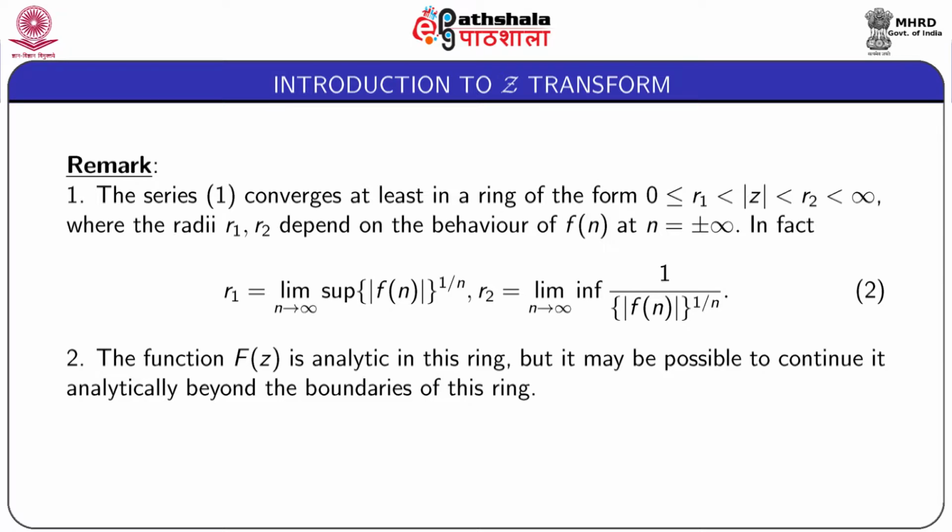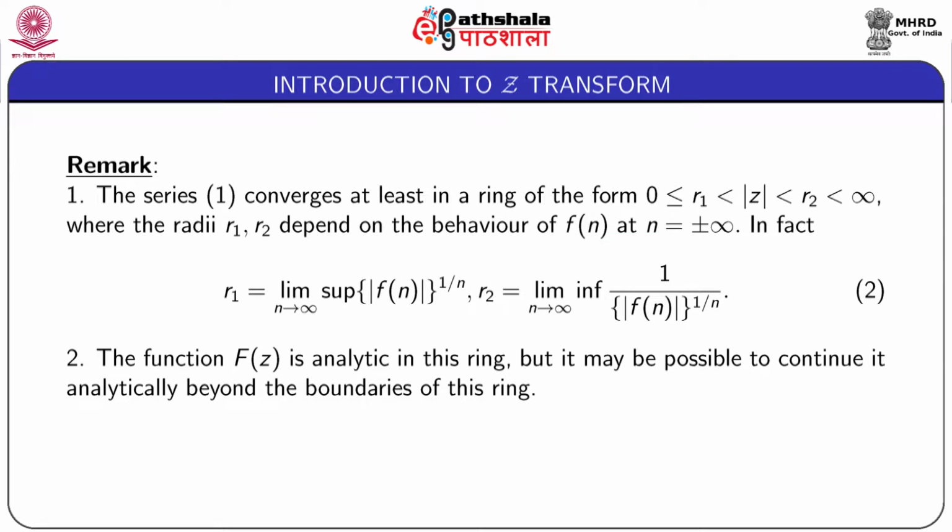Here we make the following remarks. Number 1, the series 1 converges at least in a ring of the form 0 less than or equal to R1 less than mod z less than R2 less than infinity, where the radii R1 and R2 depend on the behavior of f(n) at n equal to plus or minus infinity.